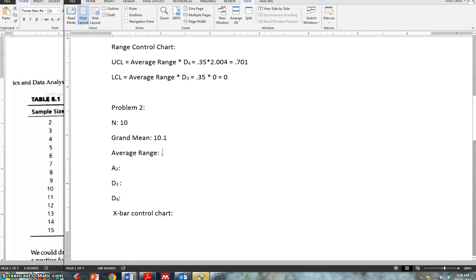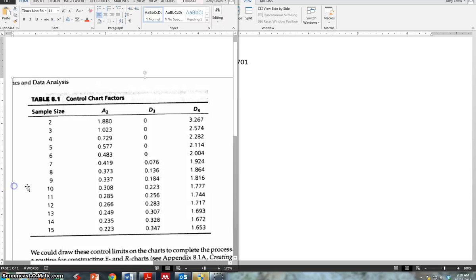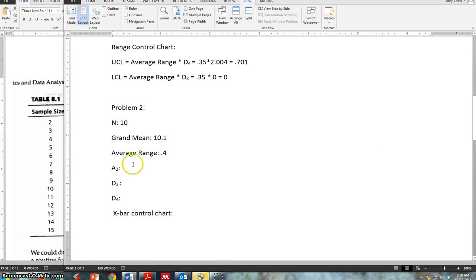Average range, 0.4. And then again, going back to my control chart table, I have a sample size of 10, and so here's where I get my control chart factors. A2 is 0.308, D3 0.223, D4 1.777. Again, that's just the table from your book, and that's how it'll be given to you on all exams or quizzes. So I'm going to move those over.